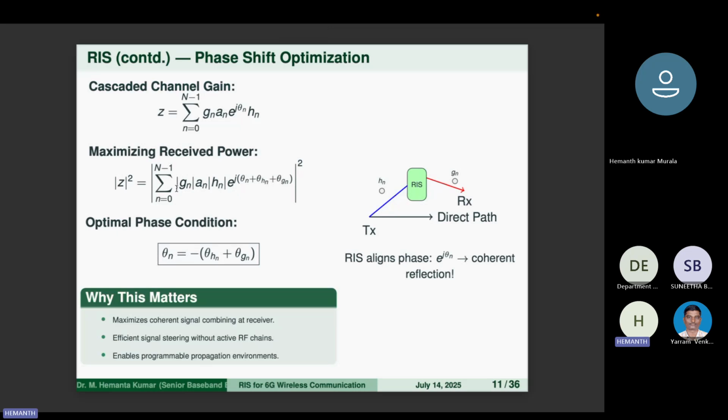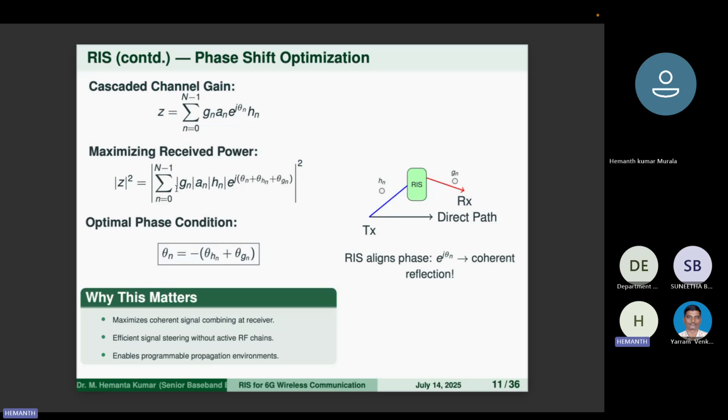See here. Without IRS, my SNR is transmitted power P by sigma square. This is the SNR formula. If the signal is transmitted through the RIS, then what is the value? I can replace this with N square. Agree?